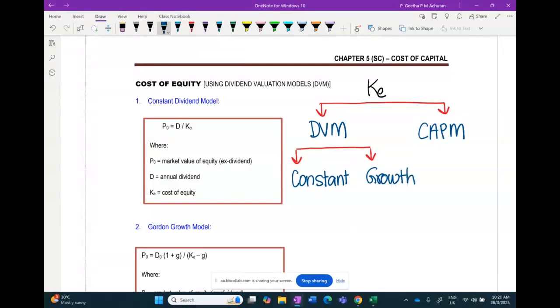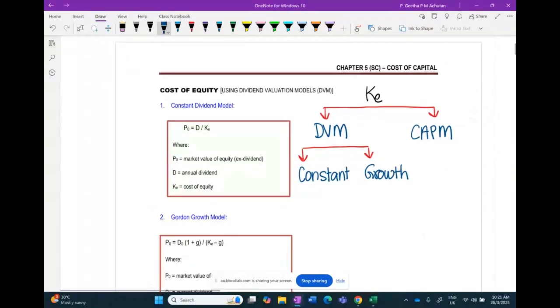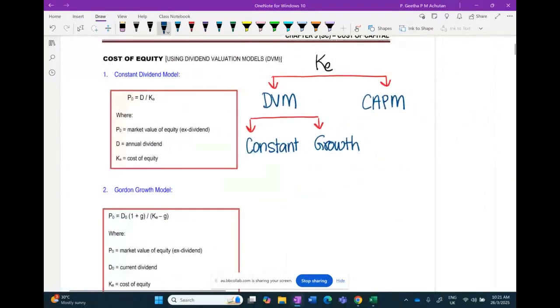So is it a constant dividend model or a growth model? That's how the question will be asked. Most questions, it's only a growth model. Constant dividends is not cool. Not cool to get constant dividends every year forever. Anyway, for theory purposes, that's our starting point.